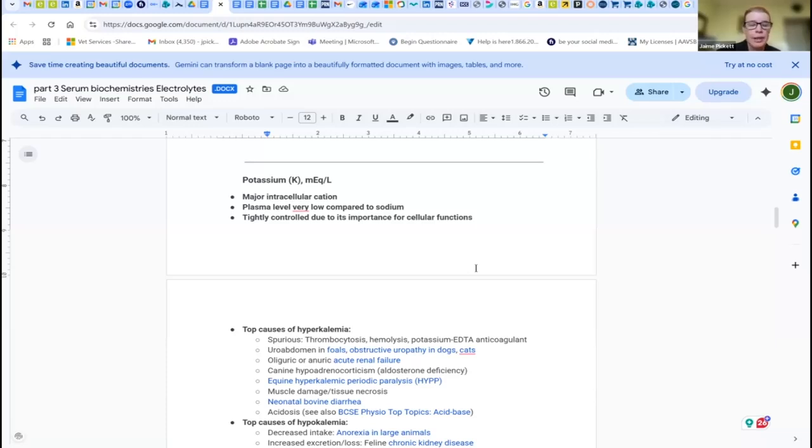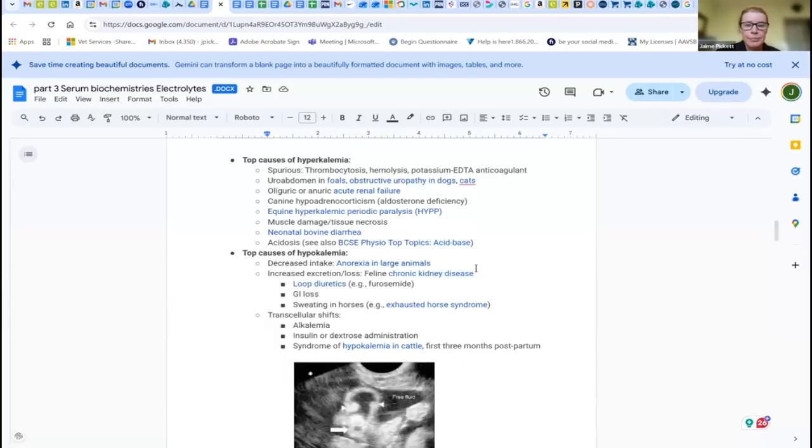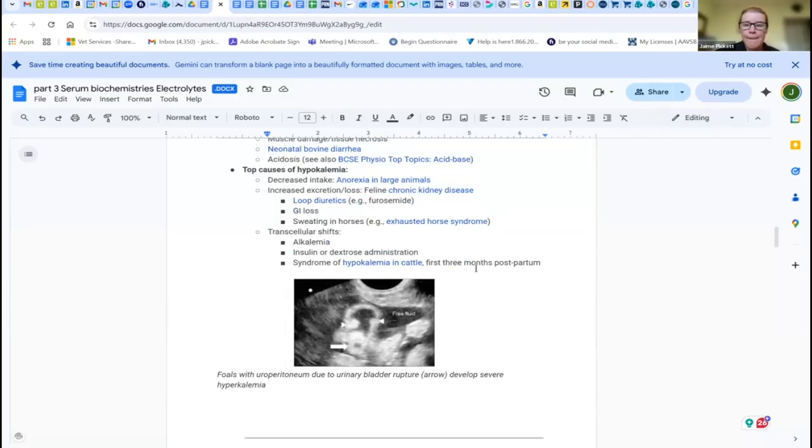Then, if we take a look at the other side, hypokalemia. When potassium is low, you want to think poor intake. It's common in large animals that are anorexic, or think losses like CKD in cats, so chronic kidney disease.